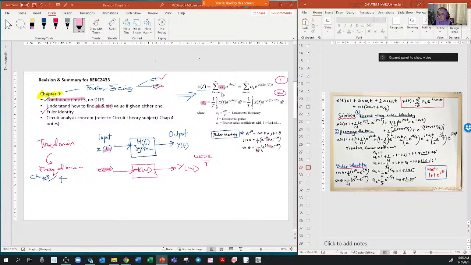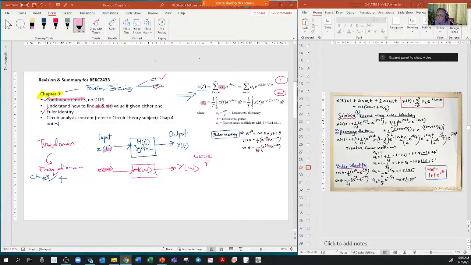You can expand sine omega t using Euler to become in terms of exponentials. So you expand it accordingly using the Euler equation, and from there you reorganize it again according to the k value.